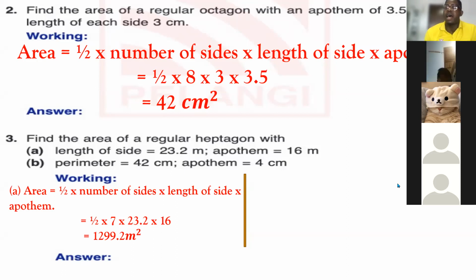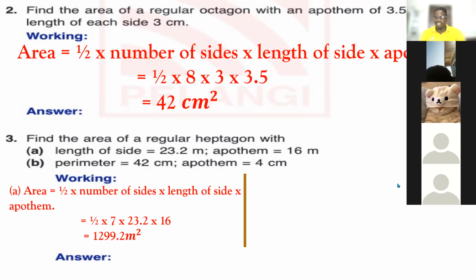Okay, so Bass, can you tell me how to do number 3B and your answer? B equals 42 minus 7 because heptagon is 7. But letter B gives us the perimeter, so we need to find one of the sides. Equal 42 divided by 7 equals 6.